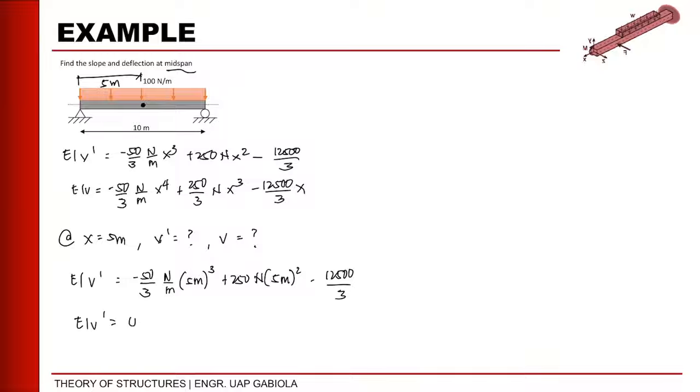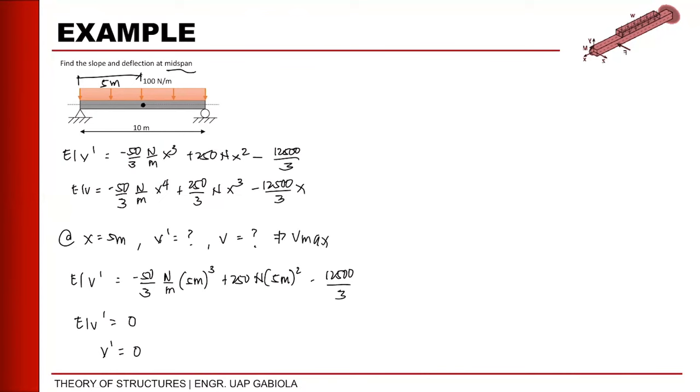Our answer is 0. So, ibig sabihin ng slope at 5 meters ay equals to 0, meaning, yung kinukuha pala nating v ay equal sa our maximum deflection.